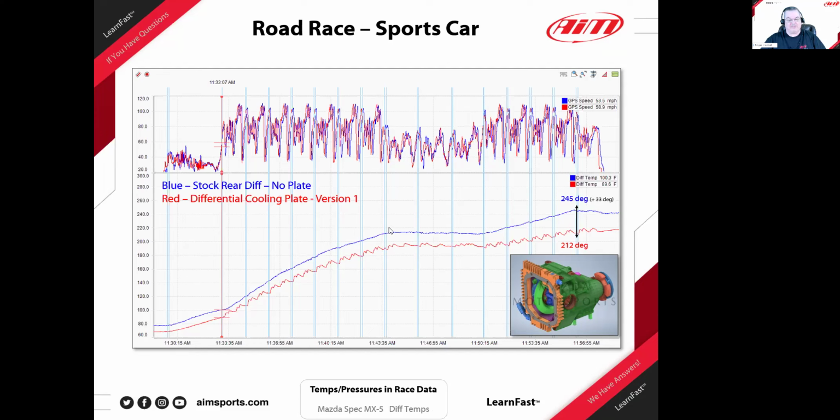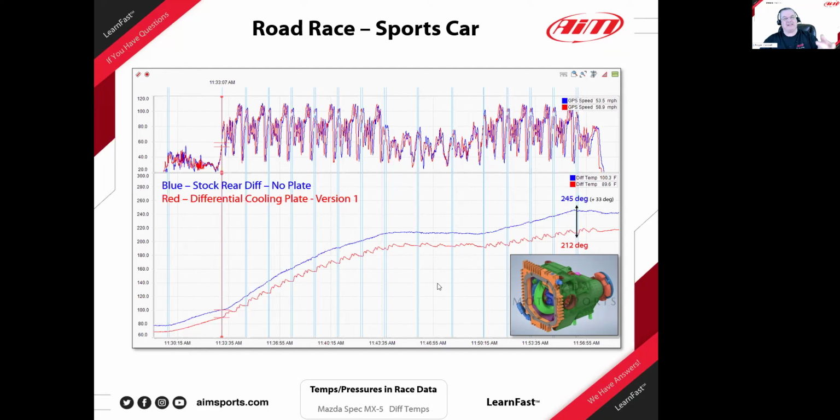The blue one, while it was up there higher, did have a little bit of a drop, but a relatively small amount. And then when the green flag came back out, the rise began again, right? So the slope was a little higher on the blue one with no plate than it was on the red one. So that was these two cars.